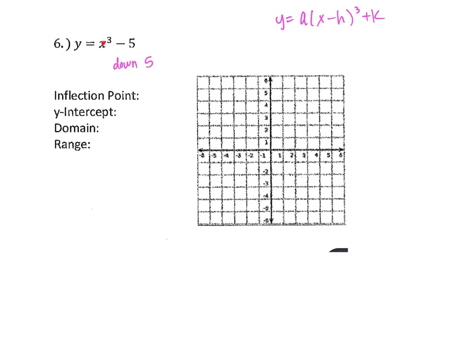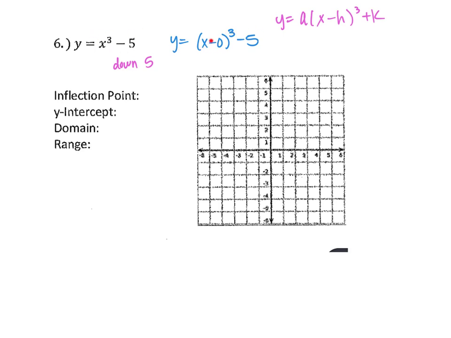Now, in this case, because there's not a parentheses here, there is no horizontal shift. In fact, this is like saying the same equation as x minus 0 to the third, minus 5. Notice if you take x and subtract 0, you just get an x, and then you would cube it, so this is the same equation.